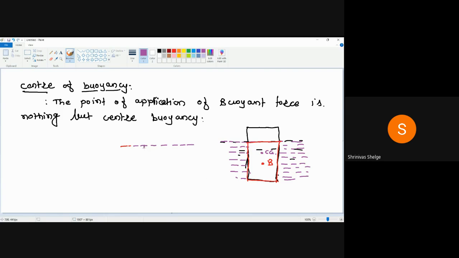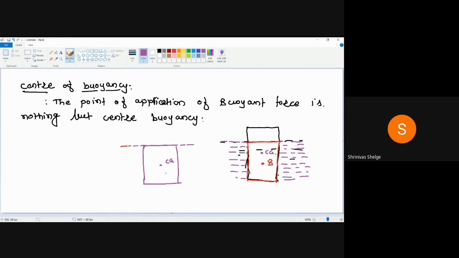And suppose now the body is like this one. It is fully immersed in the fluid. So now just tell me, what about the CG and the center of buoyancy? Where exactly is the CG? The CG you will find somewhere here.